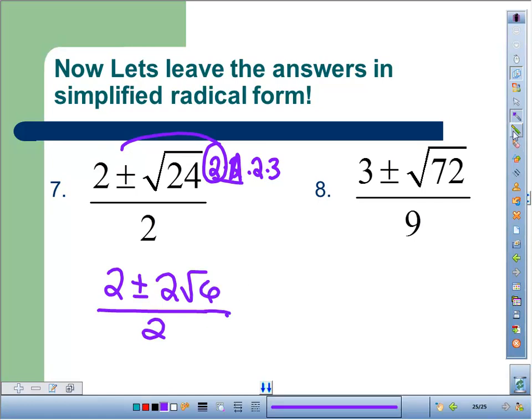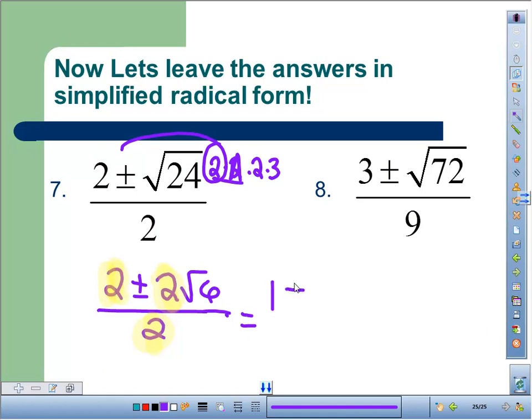Okay, so now we look at the numbers that are not under the radical. There's 3 of them. One here, and one here. Can the same number go into all 3 of those numbers evenly? Yes. 2, right? 2 goes into 2 how many times?